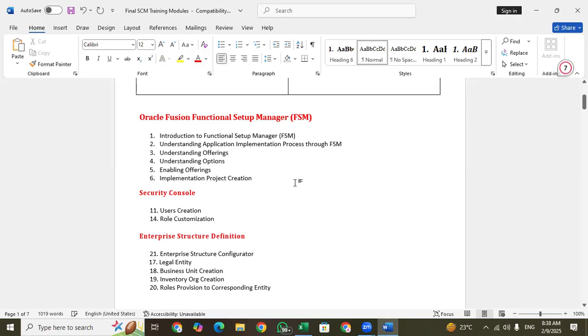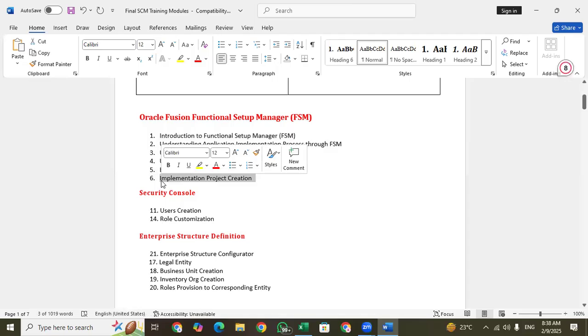Here we can discuss how to create a project. You are the functional consultant implementing procurement, inventory, order management, product management, and costing. So how does the system know you are working on these modules, and that the business has implemented them? We provide which modules are implemented at the implementation project level.